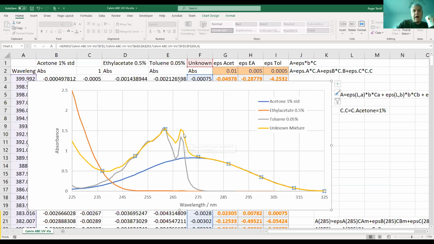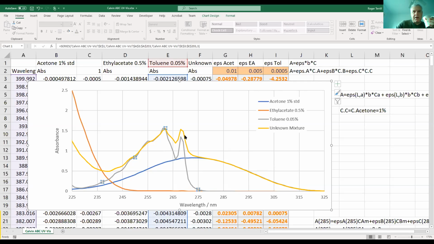Okay. So now, again, focusing on this golden spectrum, how can you estimate the concentration of toluene in this mixture that produces the golden spectrum? You have the standard for toluene, which is this gray line.